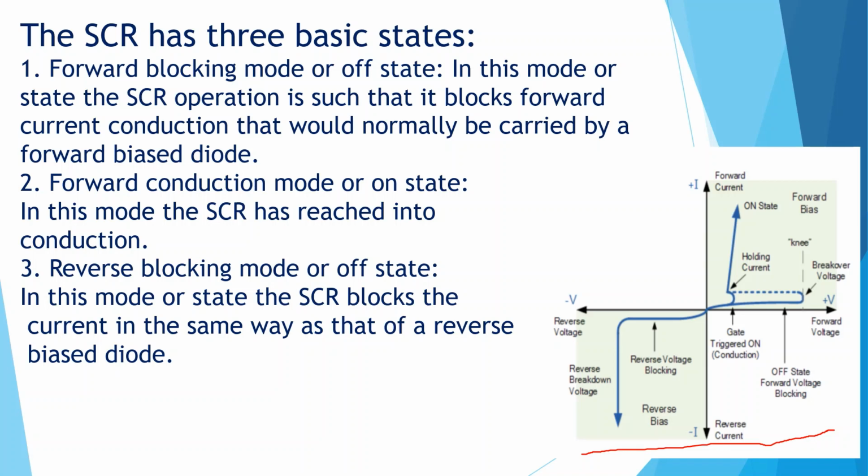When gate is open, SCR can be turned on at a high anode to cathode voltage. This voltage, as I have specified previously, is called as forward breakover voltage. Now the anode current suddenly increases and the VAK decreases. This indicates negative resistance characteristics. This is what we can see over here.